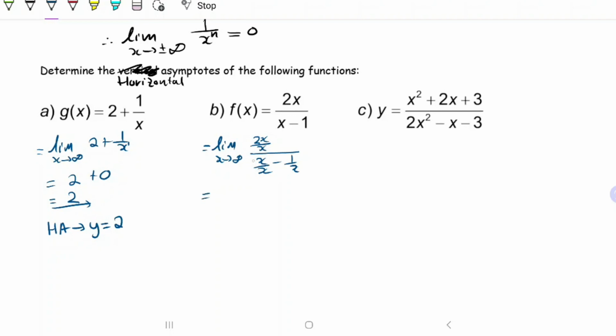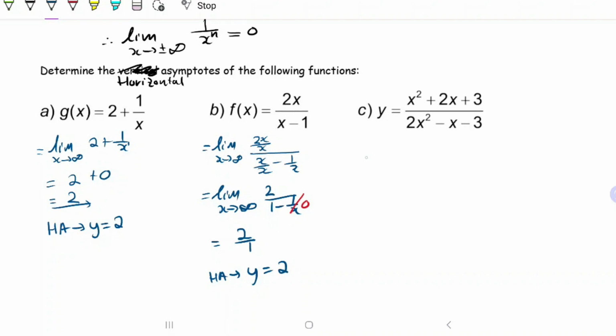By division of this, we still have the limit as x tends to infinity, but now it will be of 2 over 1 minus 1 over x. According to our definition, this is the only part that's going to be zero, and therefore we are left with 2 over 1. What that means is that the equation of the horizontal asymptote is y equals 2.